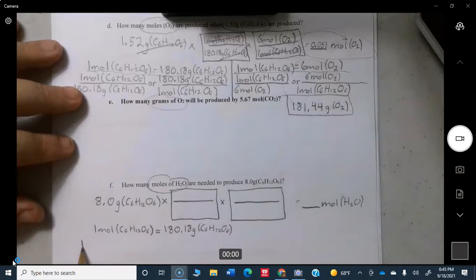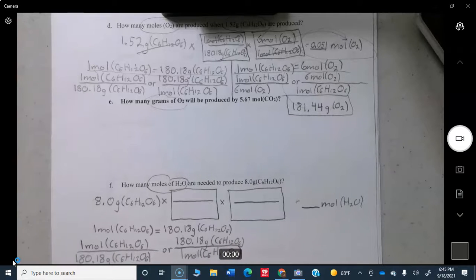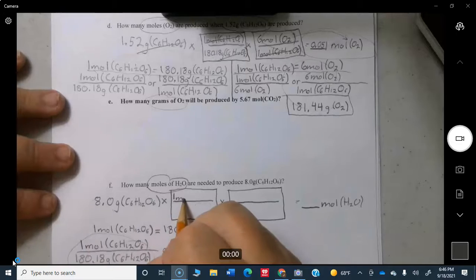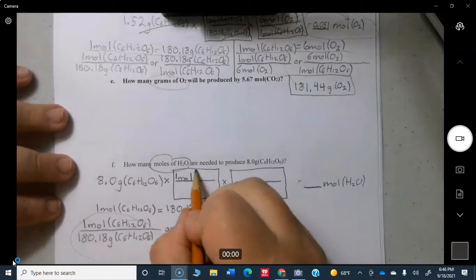Now we're going to do the 2 conversion factors. Okay, there's the 2 conversion factors. Which one of these 2 goes up there? You need grams of sugar to cancel out, so you need grams of sugar on the bottom here, so it's going to be this one.